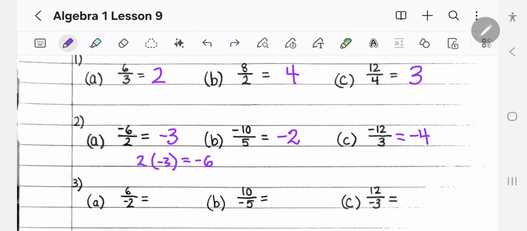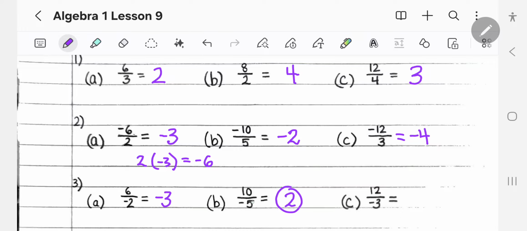All right, look at number 3. Very similar to number 2. They switched where the negative symbols were. So 6 divided by negative 2, we know there's going to be a 3, right? 6 divided by 2. And if I want this number times this number to give me a positive, then we learned in the last couple videos that this has got to be negative, right? Same thing for B. 10 divided by 5 is 2.